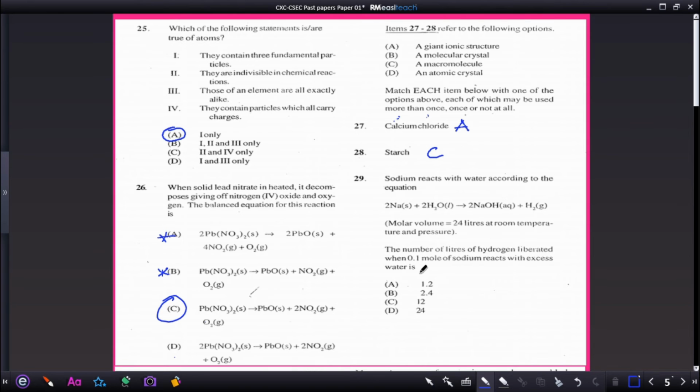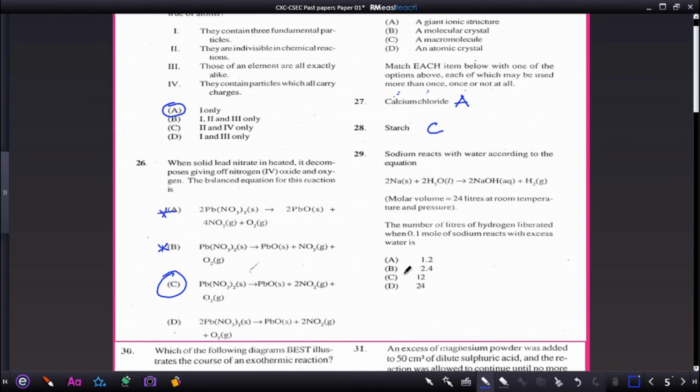29. Sodium reacts with water according to the equation. Here we have the equation. What is the number of liters of hydrogen liberated when 0.1 mole of sodium reacts with excess water? So we want to identify the volume of hydrogen that is liberated.